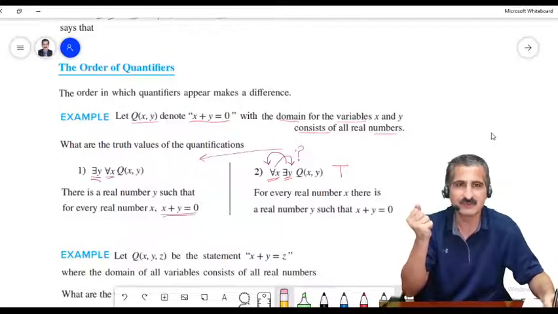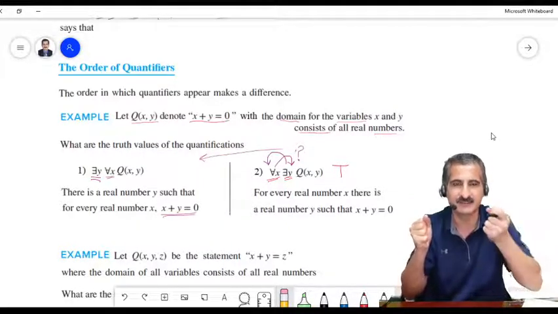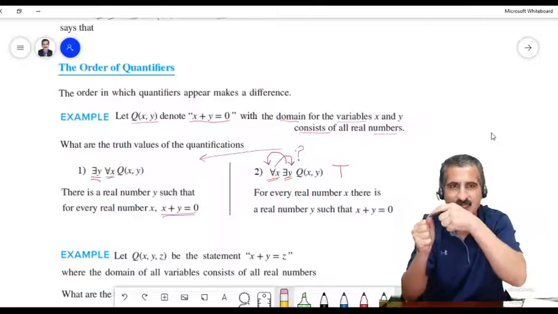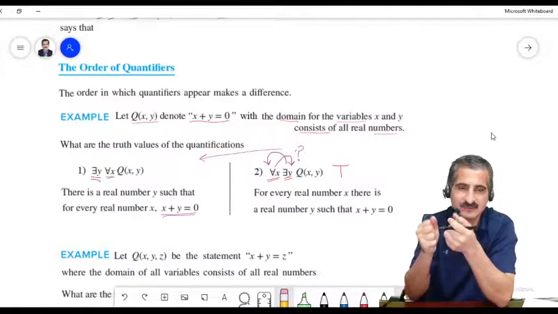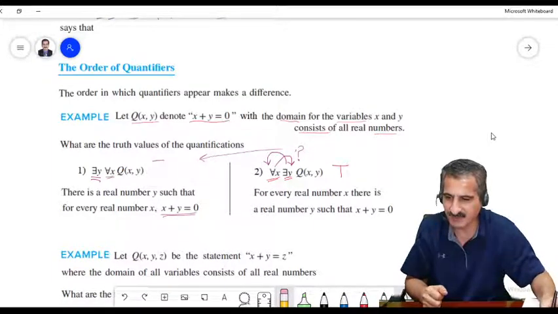Is that true? If I choose a fixed real number, is it true that if I take any real number and add it to this, I will get 0? That's wrong. So the statement becomes false.